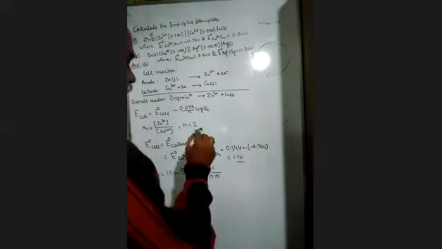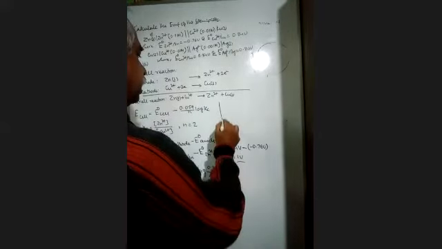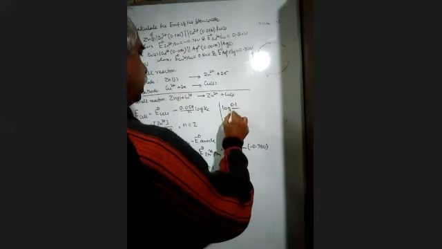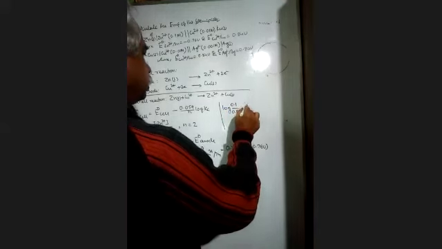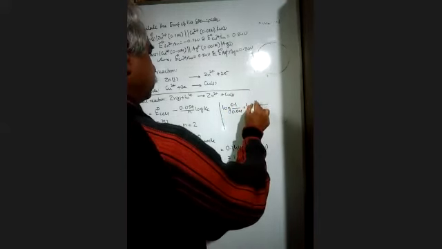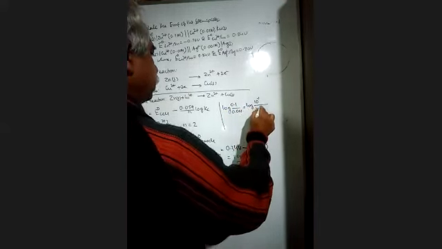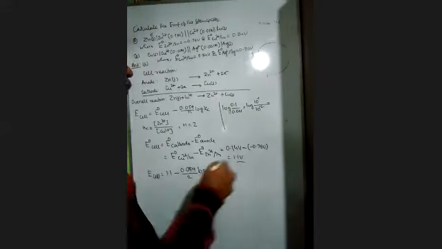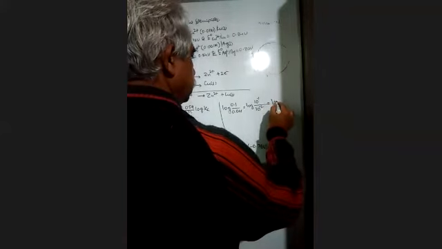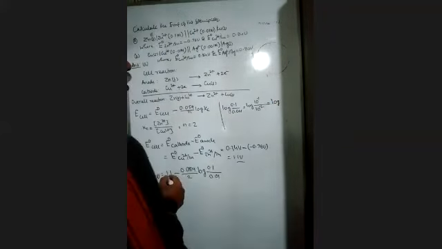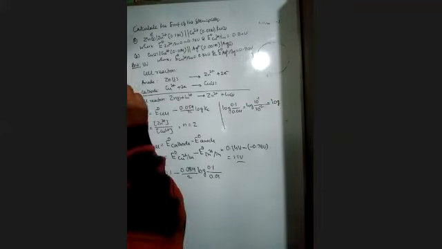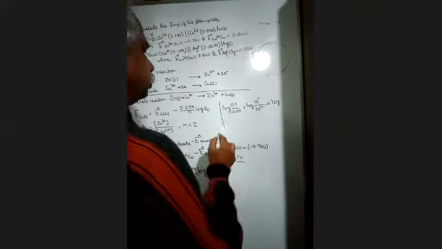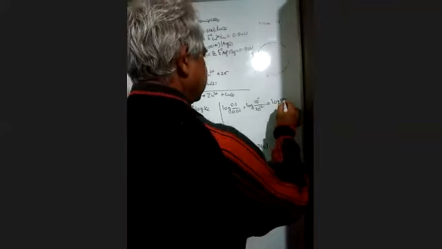You can calculate this separately: log of 0.1 over 0.01 is log of 10 to the power minus 1 over 10 to the power minus 2, which is log 10.